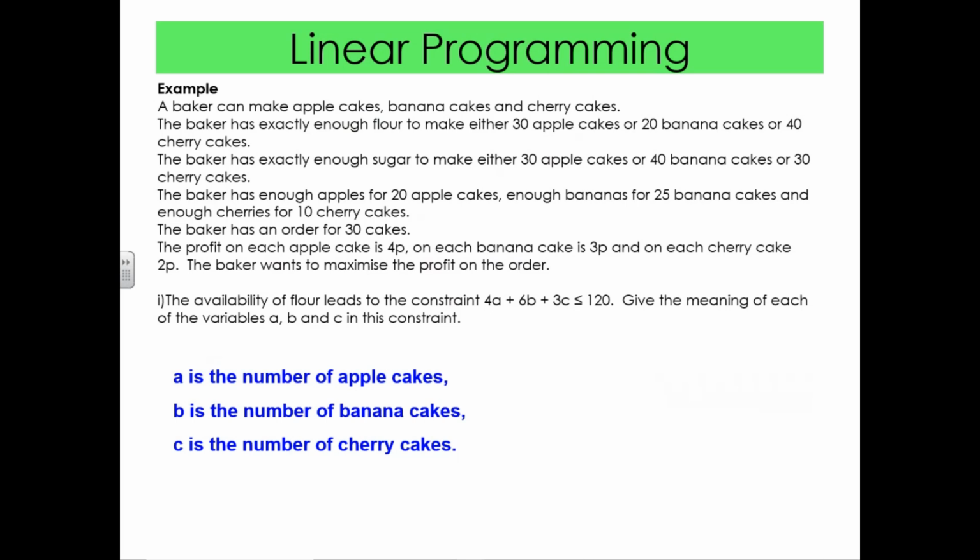It then wants us to come up with a similar constraint for sugar. So let's talk about where the flour comes from first. This constraint for the flour has come from the second line, where it talks about the baker having exactly enough flour to make either 30 apple cakes or 20 banana cakes or 40 cherry cakes.